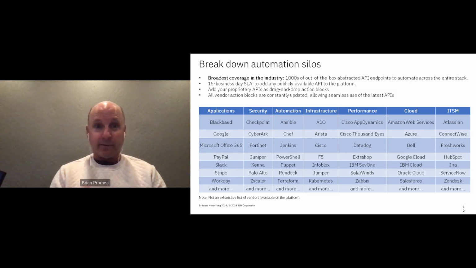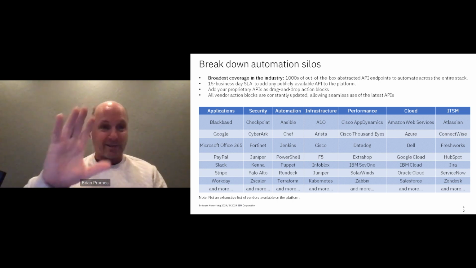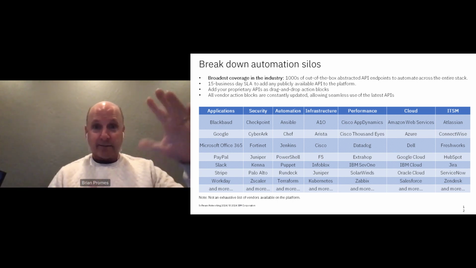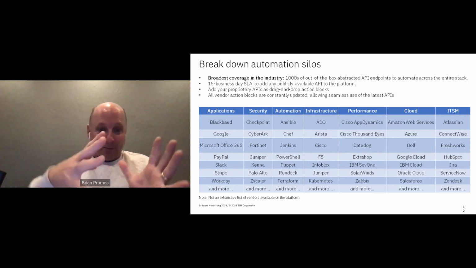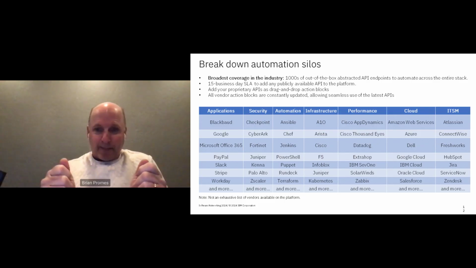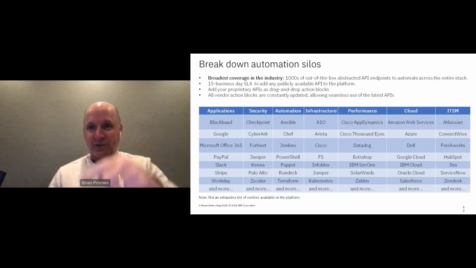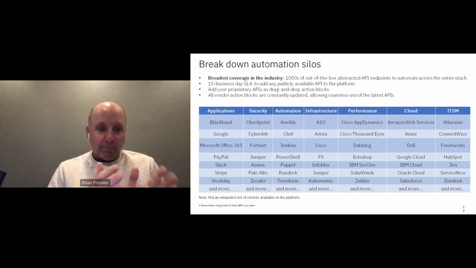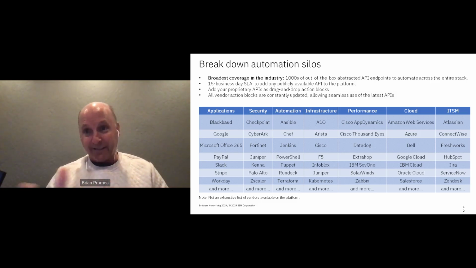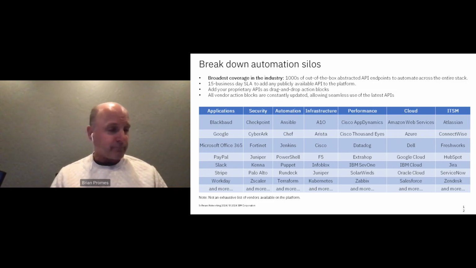There are thousands of these out-of-the-box building blocks across the IT landscape, from application security to infrastructure, performance, cloud, ITSM systems that let you begin to drive data that you have across to and through these tools and enable you to drive not just one, multiple levels of consistency across your IT landscape through the use of automation across the system.